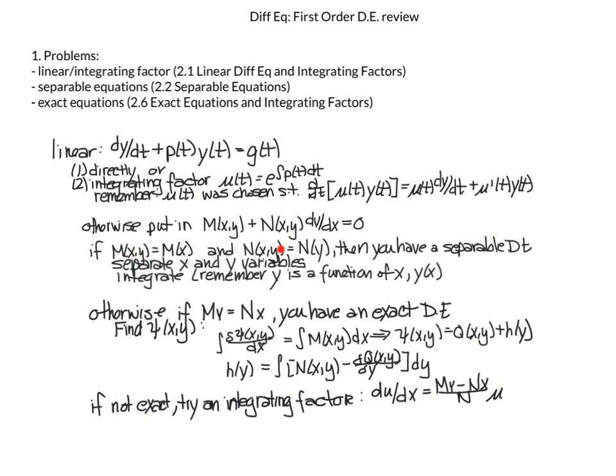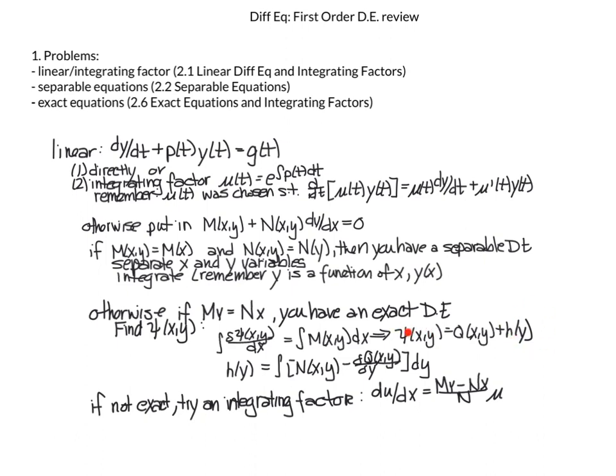Otherwise, if you cannot get it into this form where M is only dependent on x and N is only dependent on y, then you look to see if you have an exact differential equation. And you do that by checking if the partial derivative of M with respect to y equals the partial derivative of N with respect to x. And if it is, then your solution is going to look like the integral of M(x,y) dx, which will be plus a function of y.